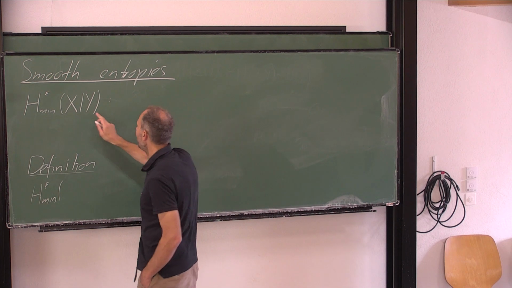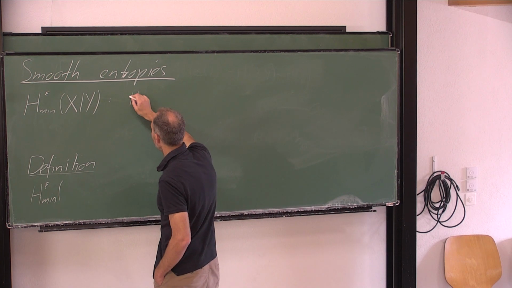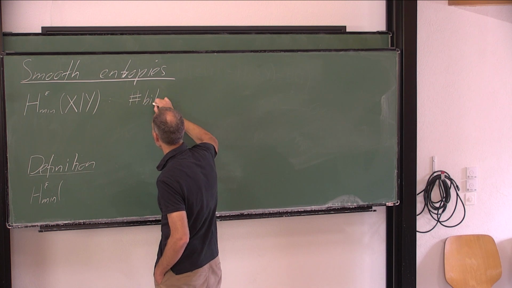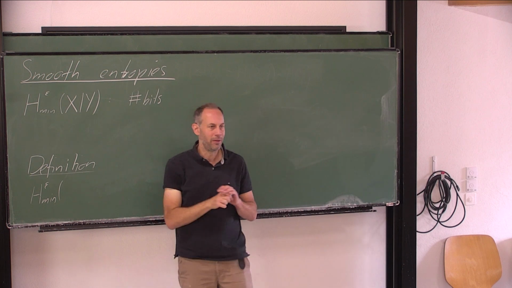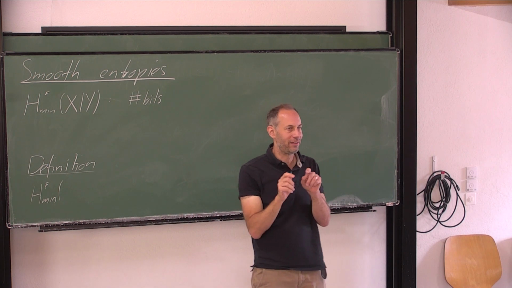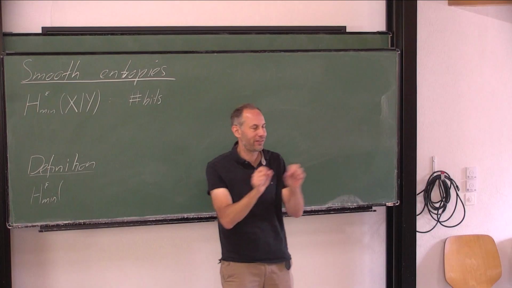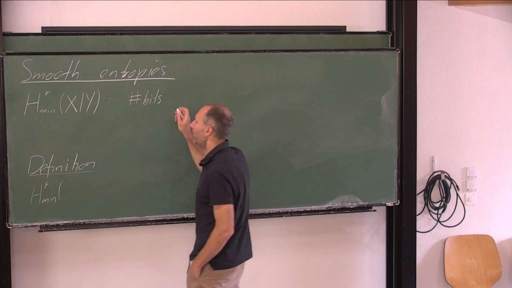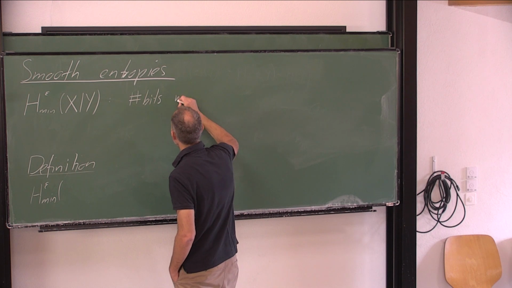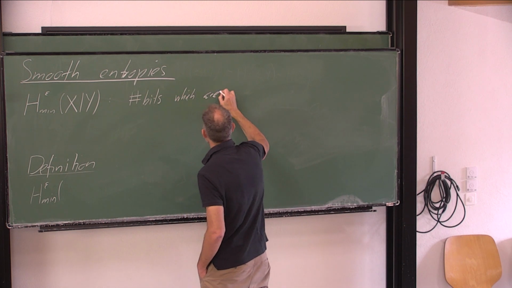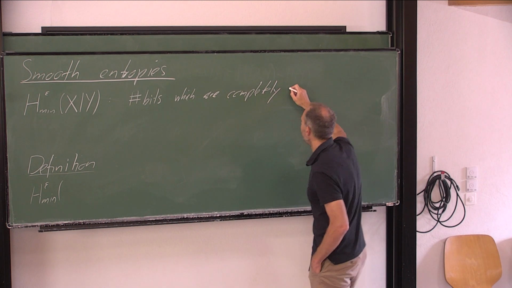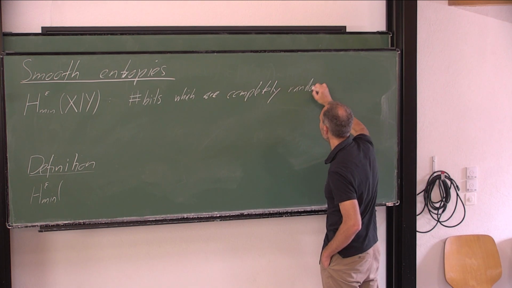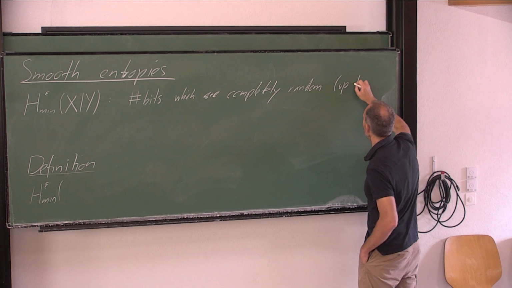So H min of X given Y is, you can interpret this as the number of bits after a suitable rearrangement. You shouldn't think of X as a fixed bit string where it's the number of physical bits. You take X and sort it, so you apply a function, extract certain bits, and this is the number of bits which are completely unknown, completely random, which means uniformly random, but there's always an epsilon, up to epsilon.